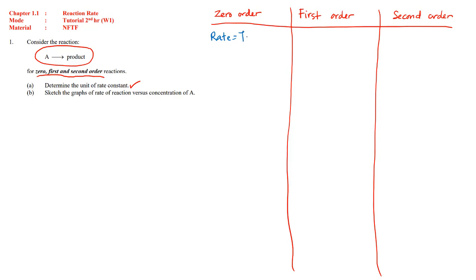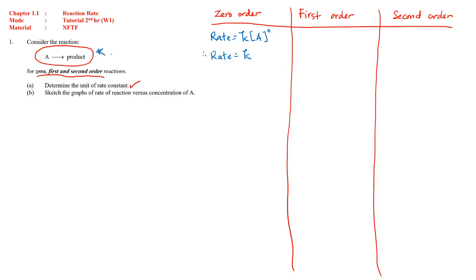Rate equals K times concentration of A. Rate equals K times concentration of A power of 0. Thus rate equals K. So this is called rate law. Rate law relates the rate of the reaction, rate constant, and concentration of reactant or reactants at certain temperature. So this is the rate law for zero order if we refer to this reaction.